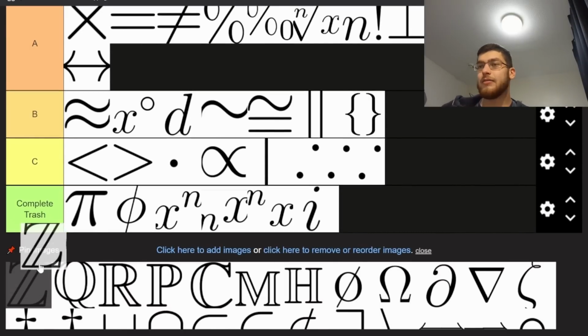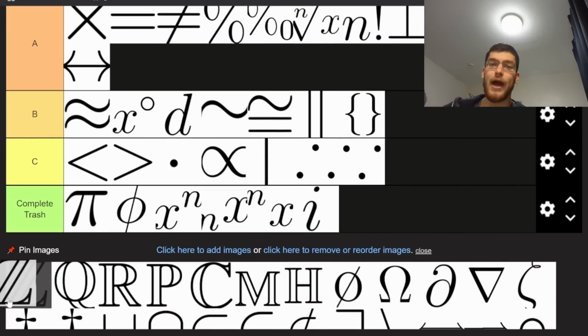Z for integers. Who came up with that idea? Okay, honestly, I'd like to have a word with them because integers, maybe that's where it comes from, but come on, you've got to learn how to spell the word integers with an S. You've got to learn how to spell before you can start inventing mathematics. So I would prefer it if they made it a blackboard bold I for integers, right?